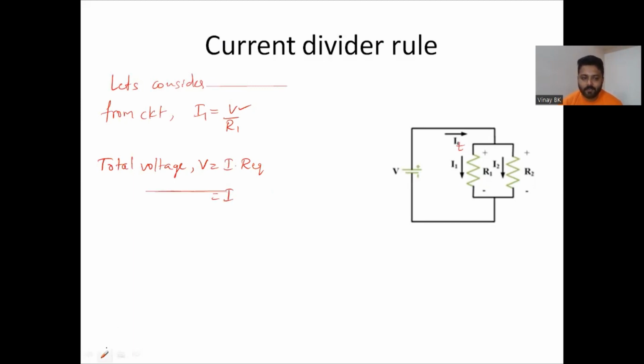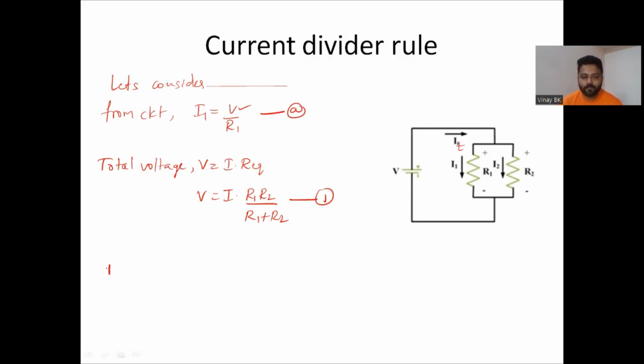There are two resistances connected in parallel, so R equivalent is given by R1 into R2 divided by R1 plus R2. This is V. Substitute this in equation A, and you will get the current divider formula.